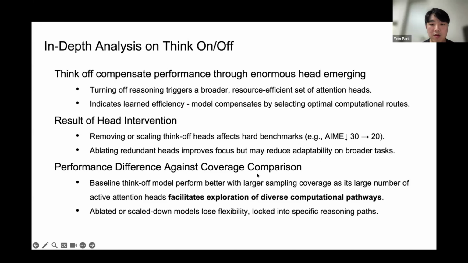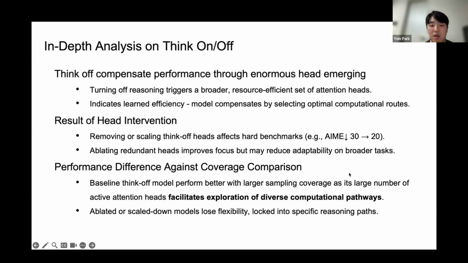The performance comparison against coverage shows that the baseline think-off model performs better with larger sampling coverage, as its large number of active attention heads facilitates exploration of diverse computational pathways.